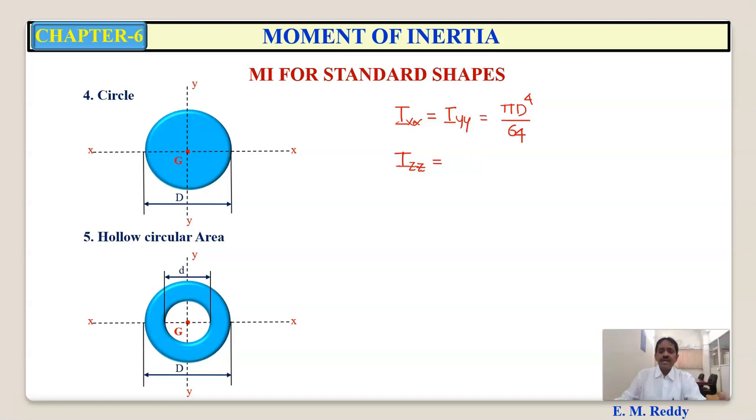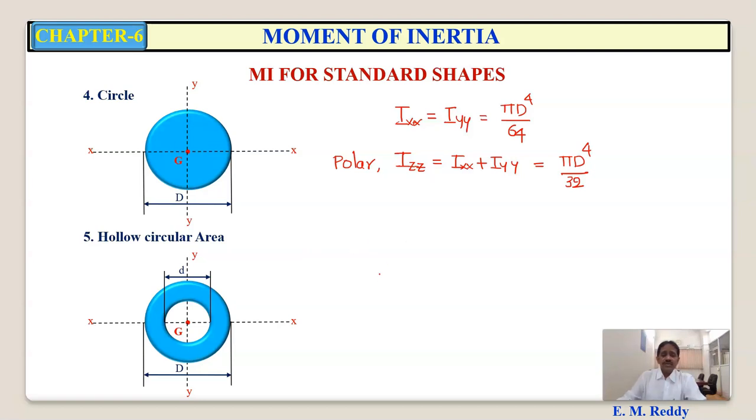So the moment of inertia about an axis perpendicular to the xy plane is given by Ixx plus Iyy. So that gives you pi d raised to 4 by 32. So this is also known as the polar moment of inertia, because the z-axis is known as the polar axis. These formulas are to be remembered. The derivations will not be asked. To solve numerical examples, you must remember these formulas.